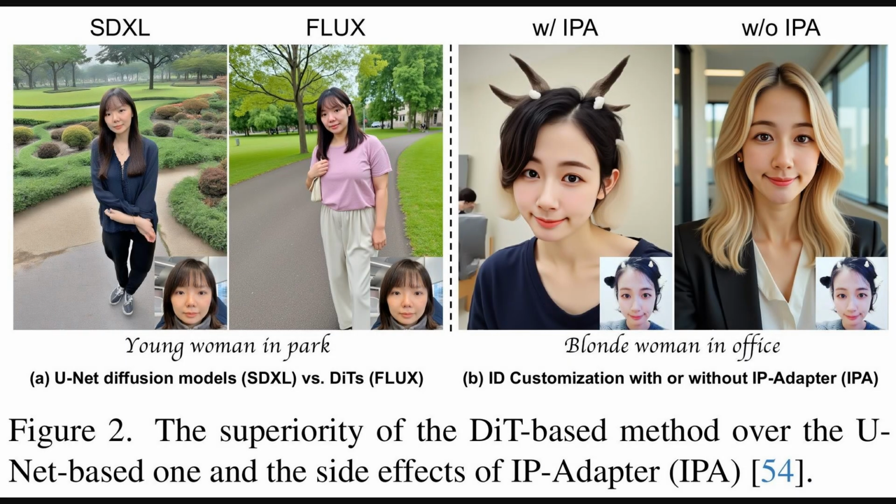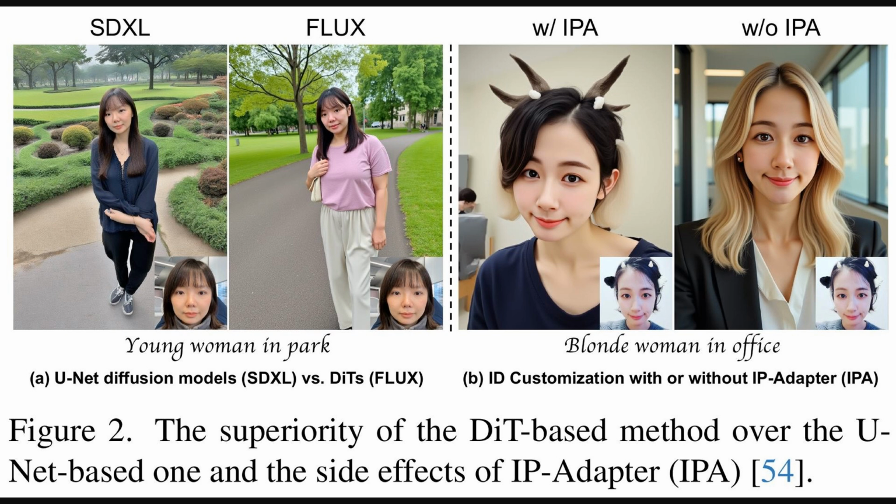Building on those examples from Figure 1, Figure 2 here gives us some direct comparisons to understand why the InfiniteYou approach might be better. On the left, we see a comparison between a UNet-based model like SDXL and a DiT-based one like Flux for the same prompt, young woman in park. You can see the DiT result potentially looks a bit better, maybe more natural.